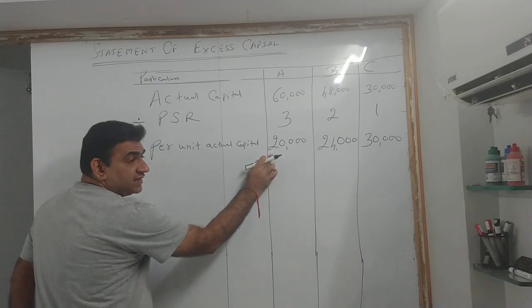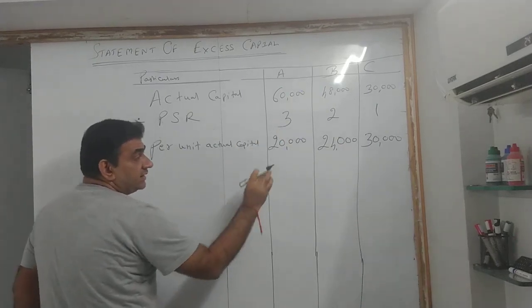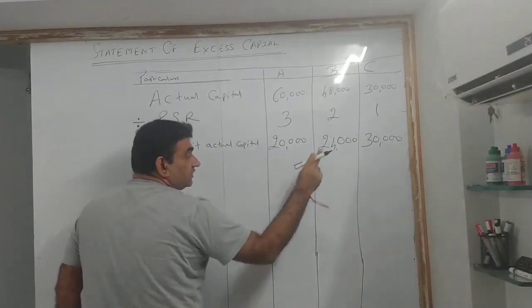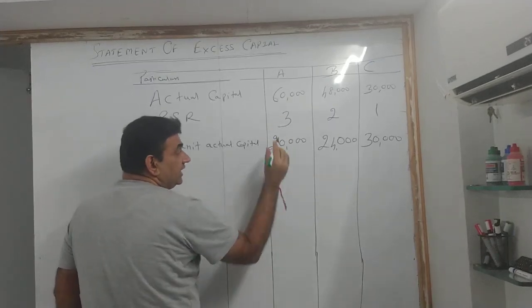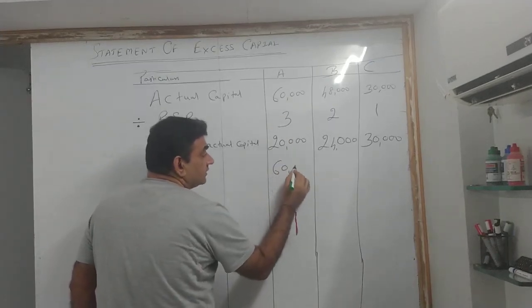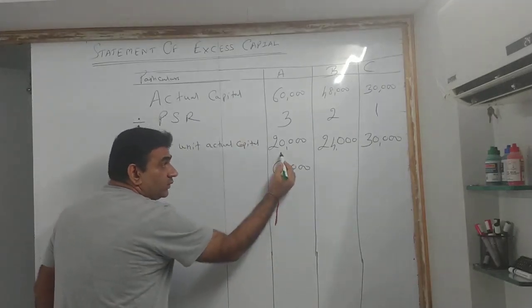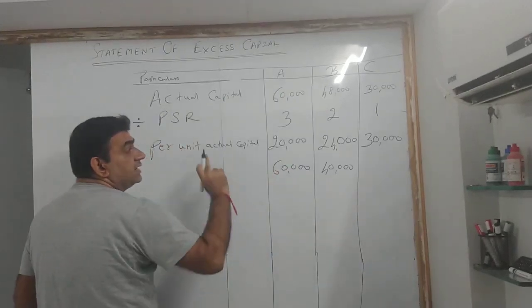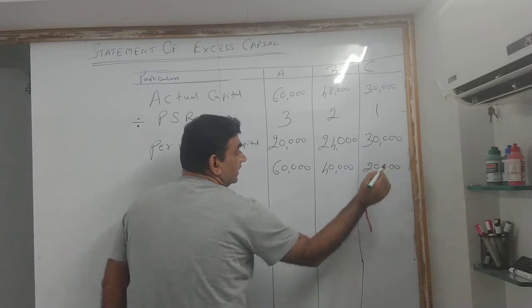This 20, multiply by the respective PSR. Again I am repeating: 20, 24, 30. Take the lowest of the 3. Lowest of the 3 is 20. So 20 into 3, 60. 20 into 2, 40. 20 into 1, that is 20.